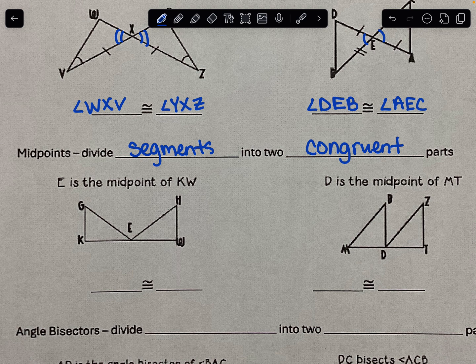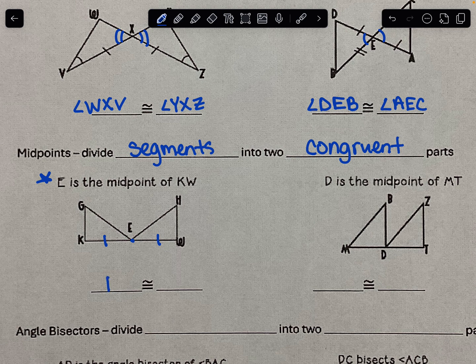It has to tell you, okay? So here, what does it tell us right up at the top? E is the midpoint. The other way you would know this is if you had two marks like this. If I know those two bottom sides are the same, E has to be the midpoint. Agree? Okay, so how could I name that those two segments are congruent?